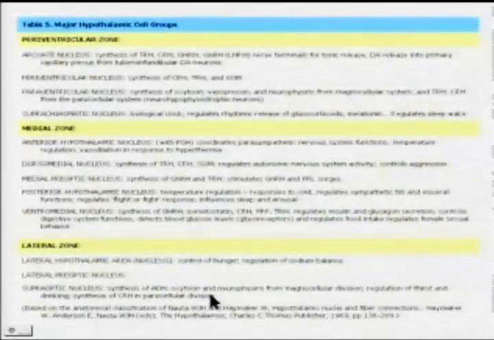There's also oxytocin and neurophysins from the magnocellular division. This is involved in the regulation of thirst and drinking and the synthesis of CRH in the parvocellular division. So again, this is an abbreviated list, but it's more than enough for us right now. I'm sure you will agree.